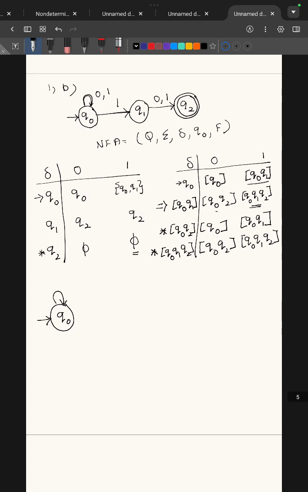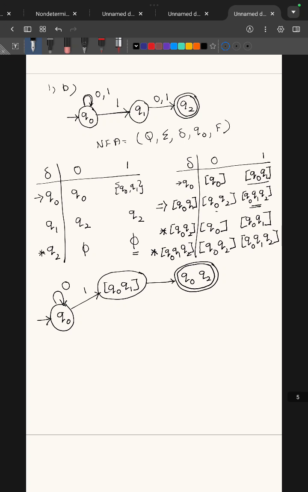Q0 on 0 is going to Q0 only, so that will be a self loop. Q0 on 1 is going to Q0 Q1. Q0 Q1 on 0 is going to Q0 Q2. This is a final state, so you represent it using double circles.